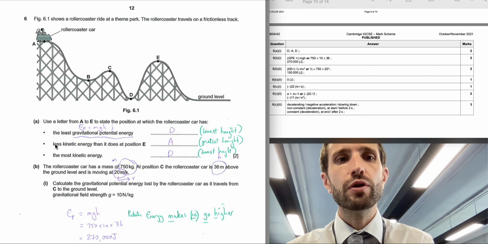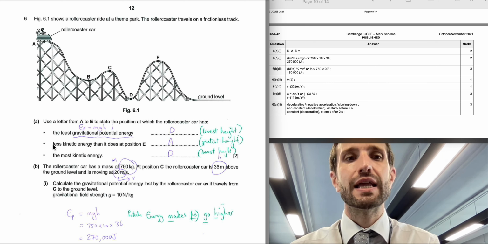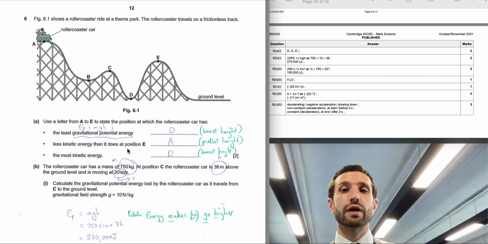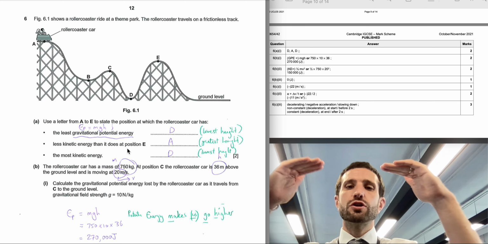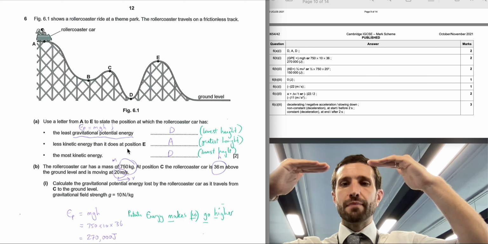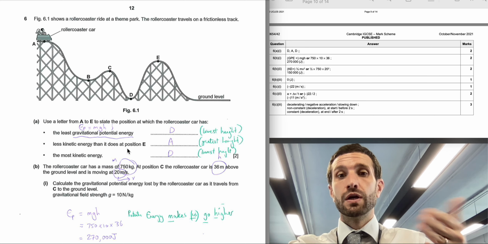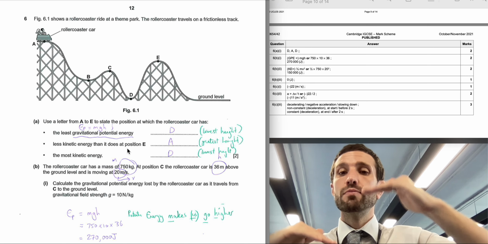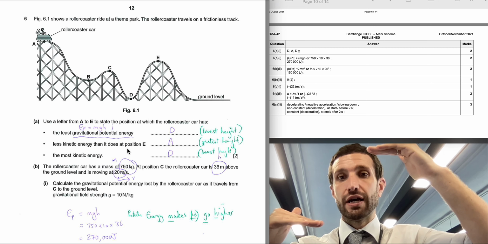We want to look at a point where we have less kinetic energy than it does at position E. Now, this does actually take a bit of thinking, contrary to my previous statement. Let's think about this. When we have energy conservation, the higher up I am, the more gravitational potential energy I have. The flip side of that is the more gravitational potential energy I have, the less kinetic energy I have.